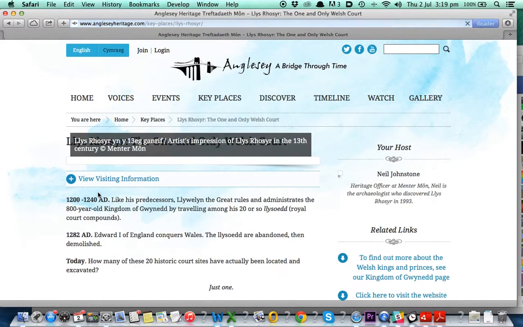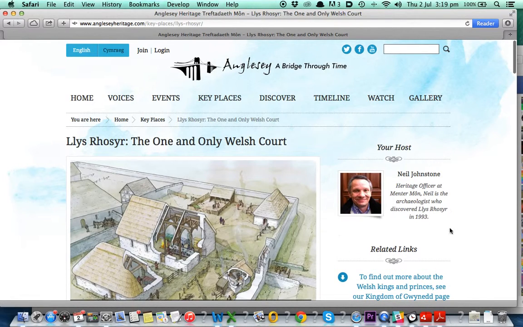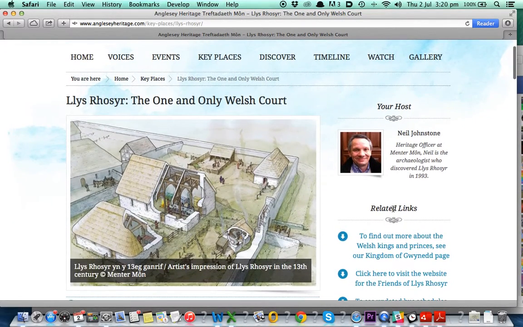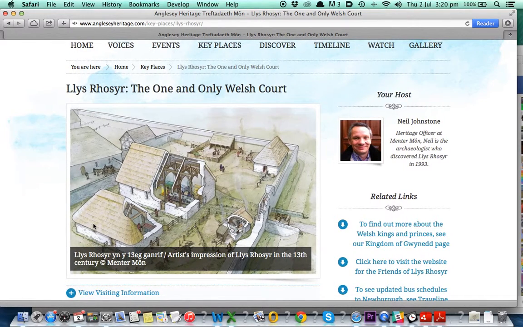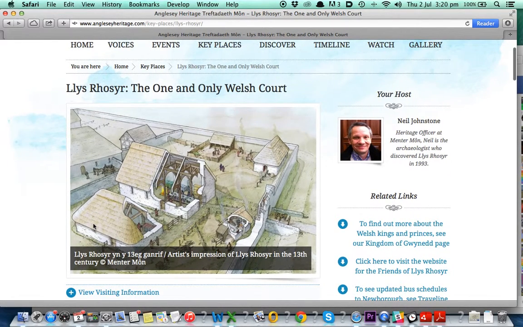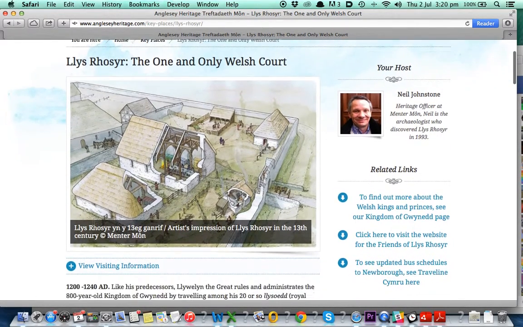Llys Rosir. I think this site is fascinating. The host here is Neil Johnston, who is the Heritage Officer at Menter Môn, the Enterprise Anglesey agency. He is also an archaeologist, and he is the archaeologist who discovered Llys Rosir. Llys Rosir is the only Welsh court, the court of a Welsh prince, that has been discovered anywhere in Wales.